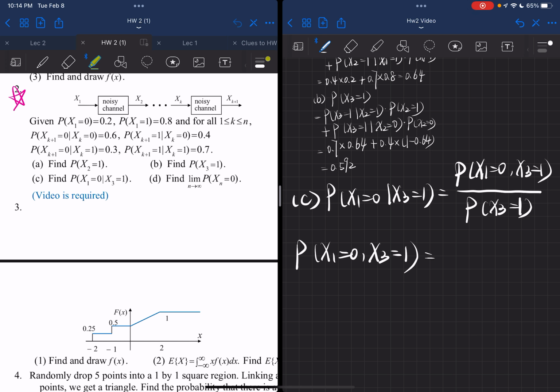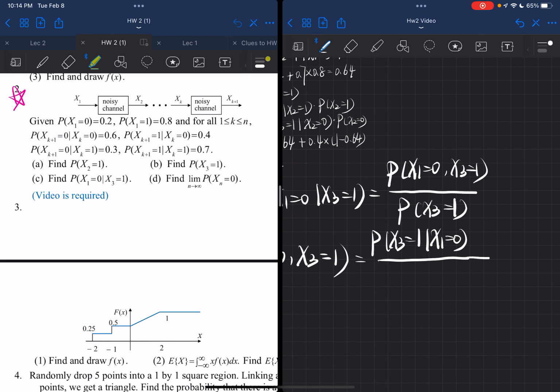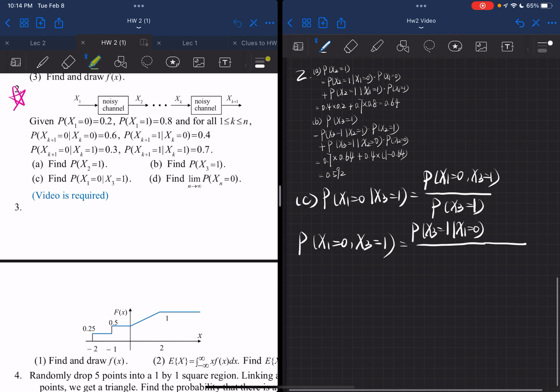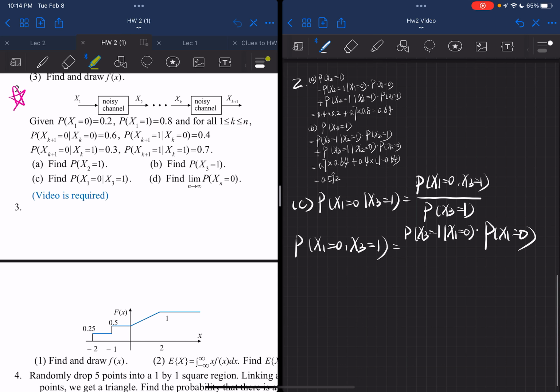This can be rewritten as the probability of x3 equals 1 under the condition that x1 equals 0, times the probability of x1 equals 0.